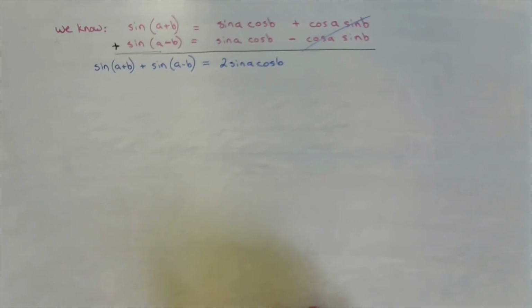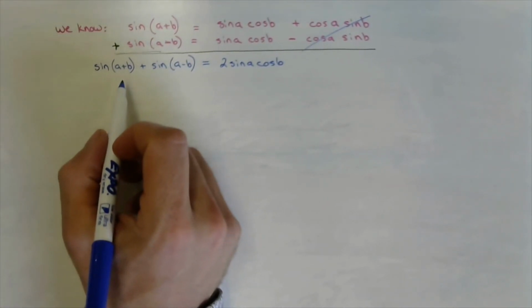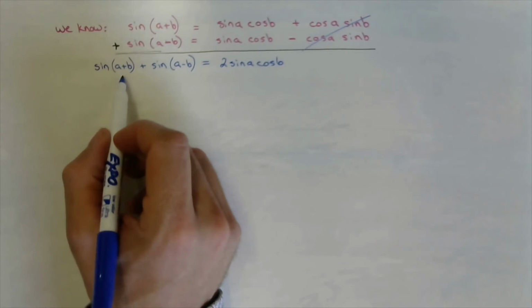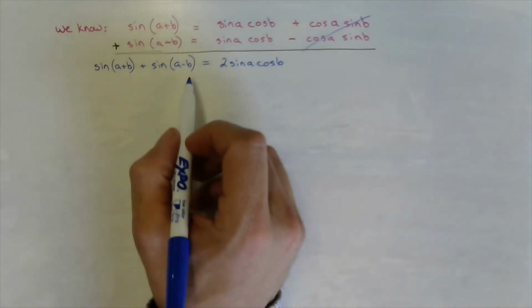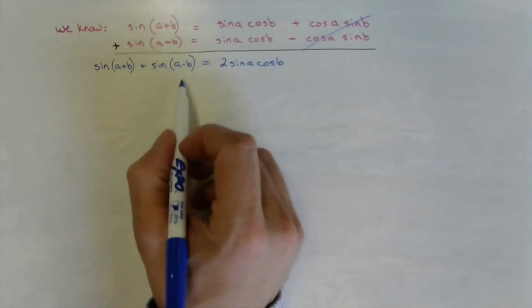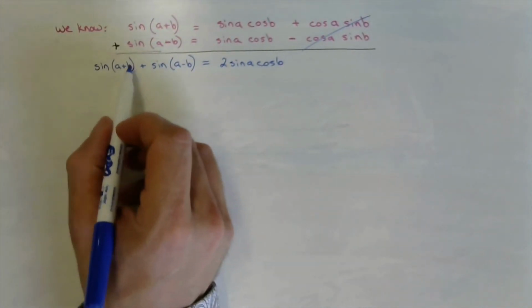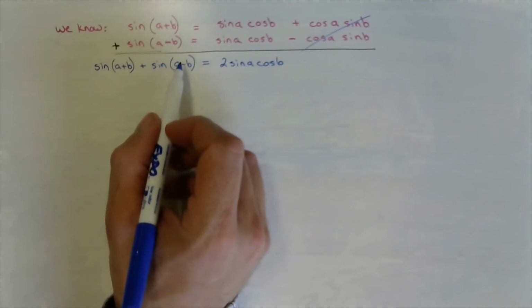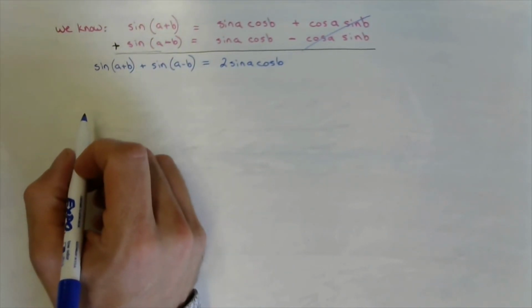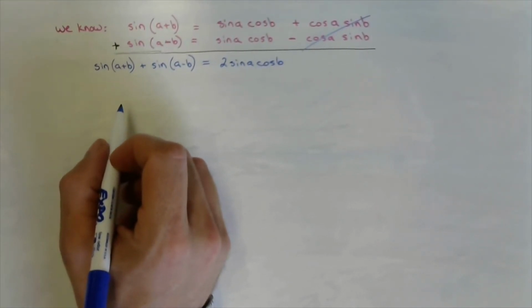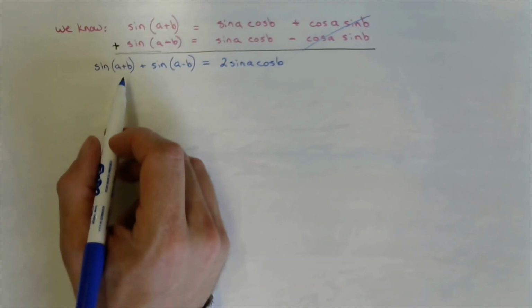From here, we are going to replace A plus B with just the letter X. And we're going to replace A minus B with the letter Y. And then we'll plug them back in later. It's just easier to talk about this as one angle, one entity, and not mess it up. Also, it's because if we look at the problem, we're trying to prove a statement with x plus y, and right now we're working with a's and b's.